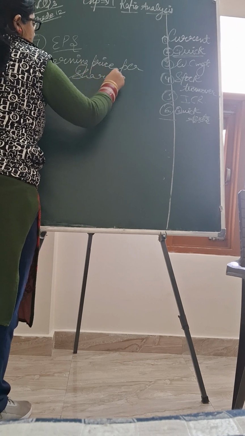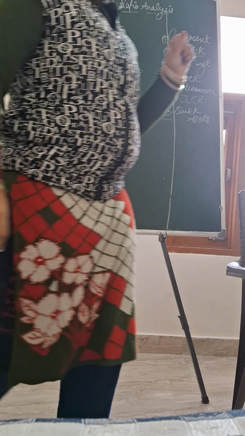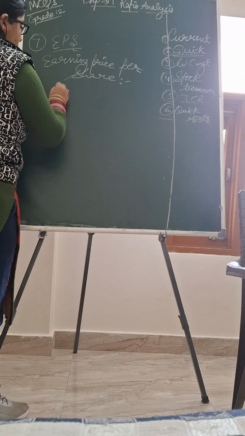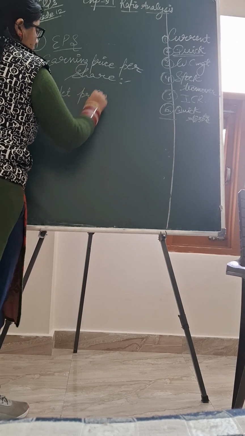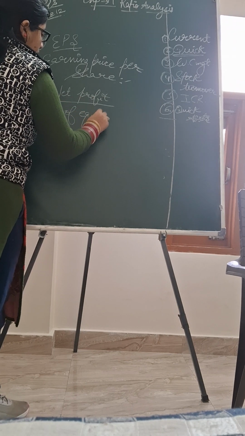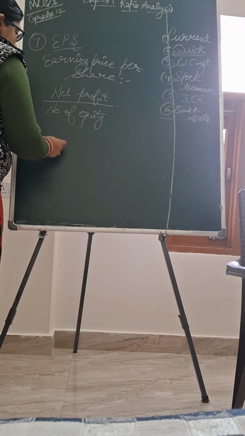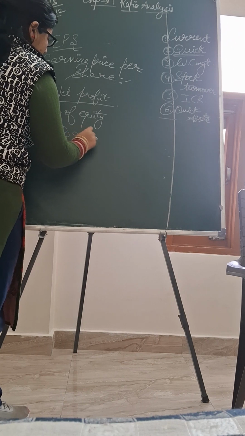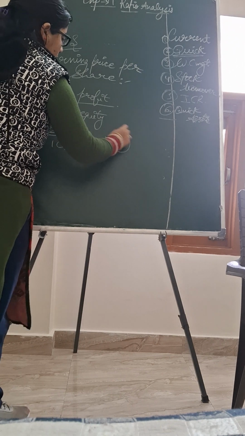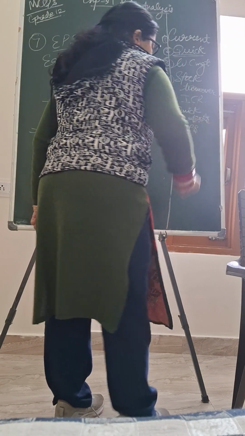So this is called as अर्निंग प्राइस पर शेयर। अर्निंग प्राइस पर शेयर कैसे निकलेगी? अर्निंग प्राइस पर शेयर निकालने का सिंपल फॉर्मूला है नेट प्रॉफिट ओवर नंबर ऑफ इक्विटी। जो तुम्हारा नेट प्रॉफिट है उसको हमने डिवाइड करना है नंबर ऑफ इक्विटी के साथ, तो हमारी निकलेगी अर्निंग प्राइस पर शेयर। सपोज नेट प्रॉफिट कितना है 20,000, नंबर ऑफ इक्विटी 10,000, तो ईपीएस कितनी आ गई ₹2। इजीएस्ट क्वेश्चन, तो हमने साथ में चीज किया था अर्निंग प्राइस पर शेयर, that is very easy.